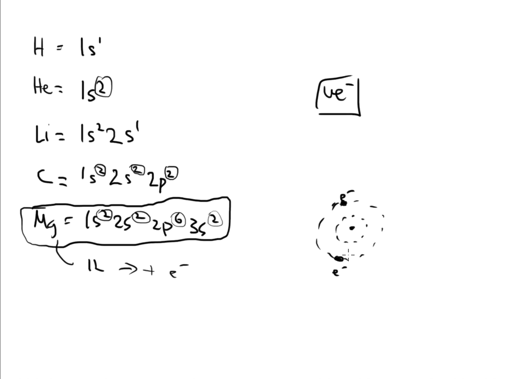Well, you look at the big coefficient numbers out in front. Look at magnesium here. There's a 1, there's a big 2, there's a big 2, and there's a big 3. So my advice to you is look at your largest coefficient number, and that would be 3 in magnesium's case, and how many electrons are in the biggest coefficient.